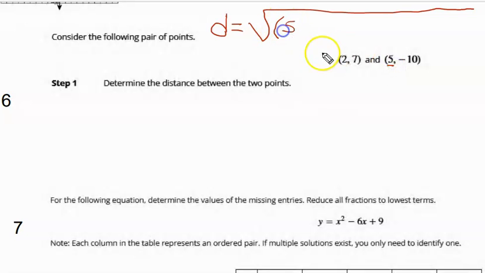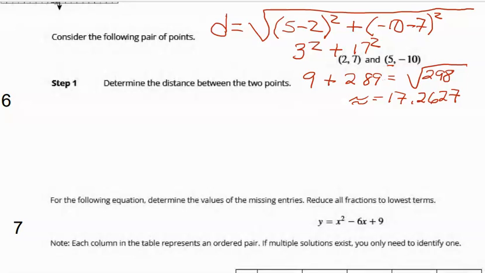That'll be 5 minus 2, the quantity squared, plus negative 10 minus 7, the quantity squared. All right, take some time, do some figuring, and see what you get.